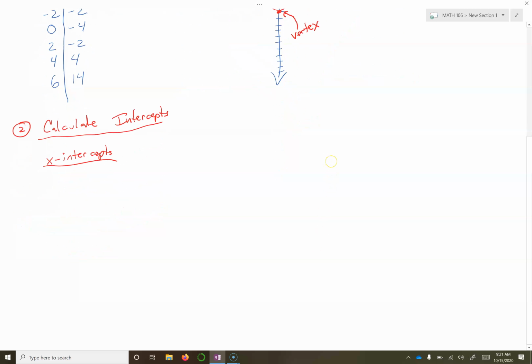So for x-intercepts, you set y equal to 0 and then solve for x. For y-intercepts, it's the opposite. For a y-intercept, your x value is 0. So you set x equal to 0 and solve for y. So intercepts always have one coordinate that's going to be 0 all the time. So as an example, you may be given something like this.